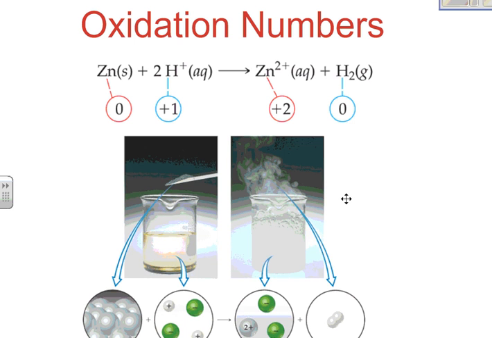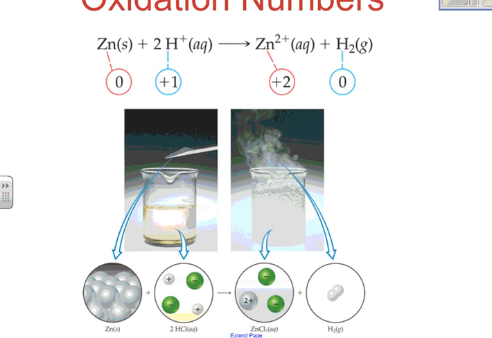Now, if we think about this in terms of the macroscopic view and the microscopic view, on the macroscopic view, we would see a solution here of probably hydrochloric acid. You can see the zinc on the spatula here being added to the hydrochloric acid. And again, the zinc here is not charged.